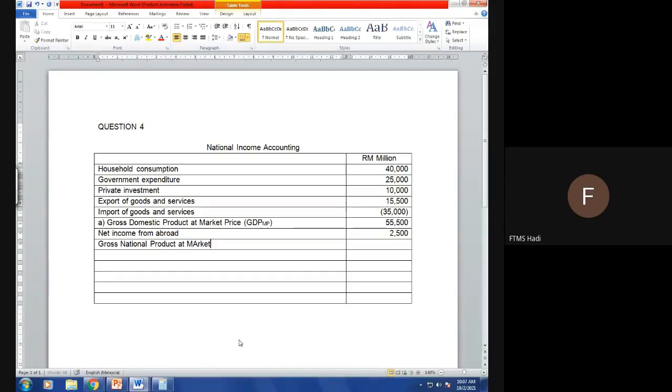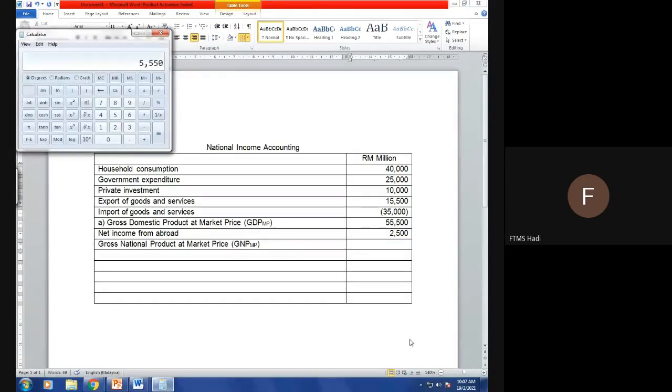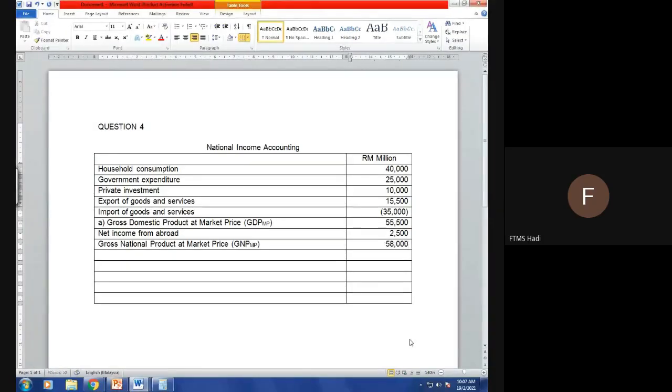Don't worry, the formula and everything will be provided for you. So 55,500 plus 2,500 is 58,000.